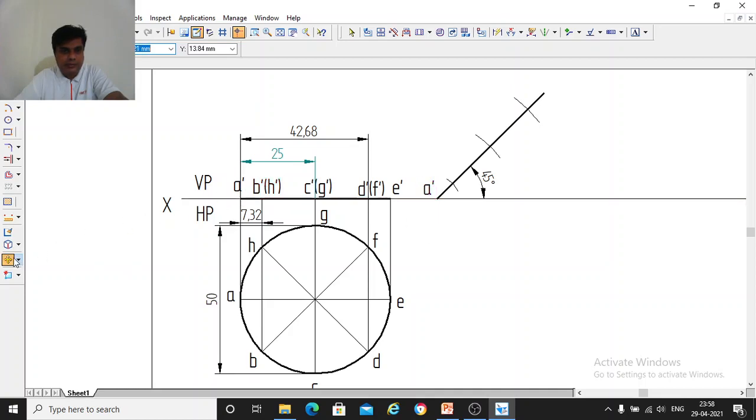This point is B dash H dash, this point is C dash G dash. So take this point and write here. This is D dash F dash here. And this last point is E dash.